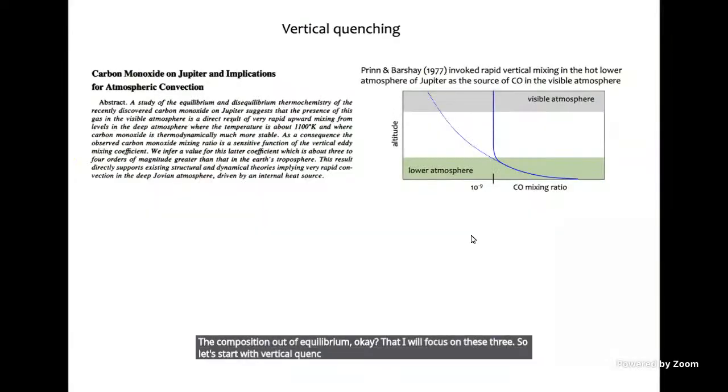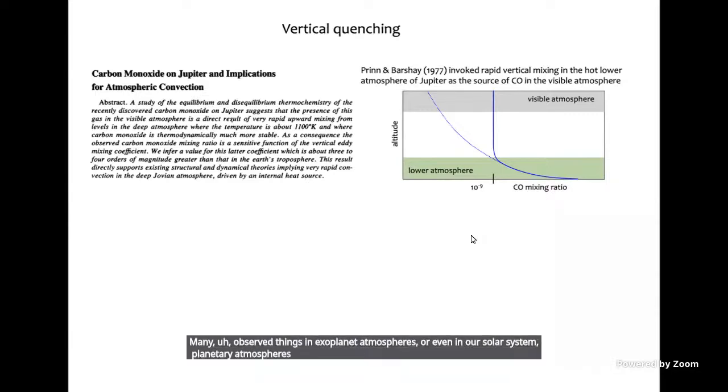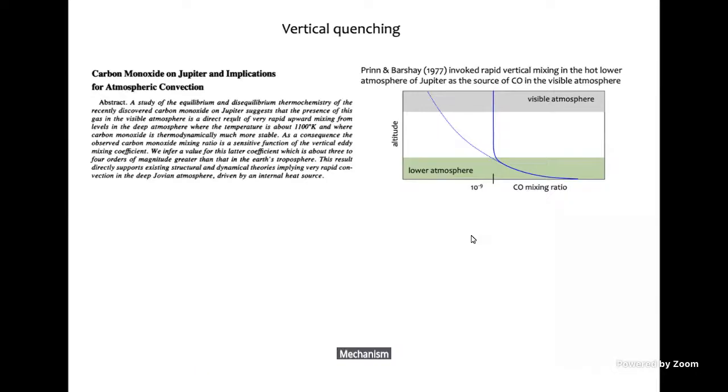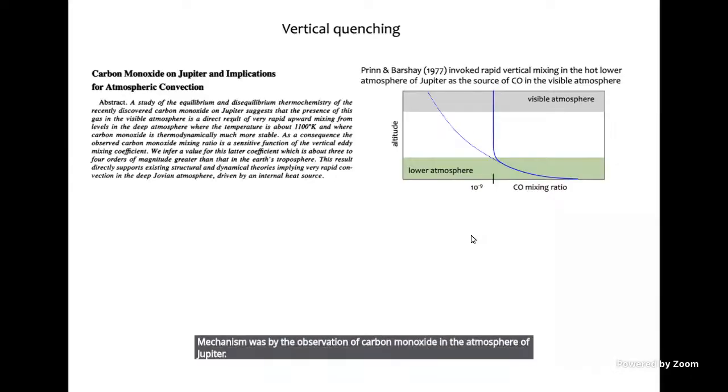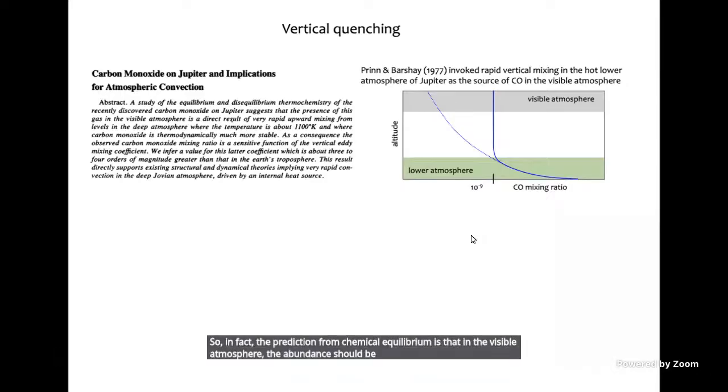So this is a very important process that explains many observed things in exoplanet atmospheres or even in our solar system planetary atmospheres. The first time it was proposed as an important mechanism was by the observation of carbon monoxide in the atmosphere of Jupiter. In fact, the prediction from chemical equilibrium is that in the visible atmosphere, the abundance should be super low, but then the observed abundance was much higher.